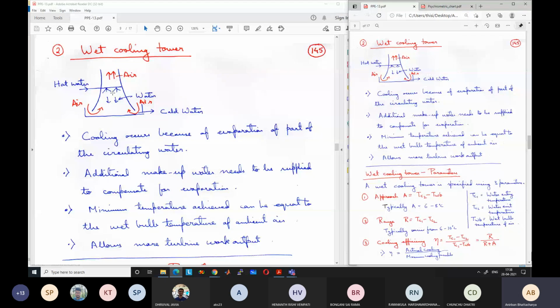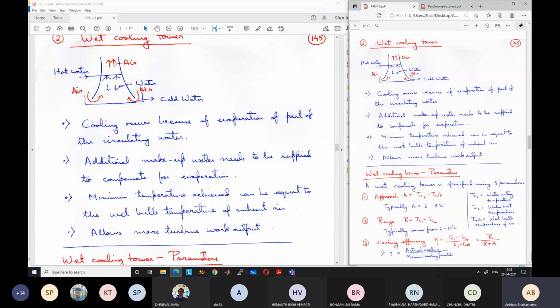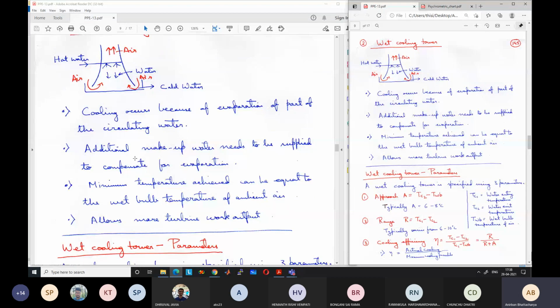So to summarize what we had discussed in the previous class about wet cooling tower, cooling occurs because of evaporation of part of the circulating water. Because part of the circulating water gets evaporated, we need additional makeup water. The quantity of additional makeup water is equal to the rate at which the evaporation is occurring.